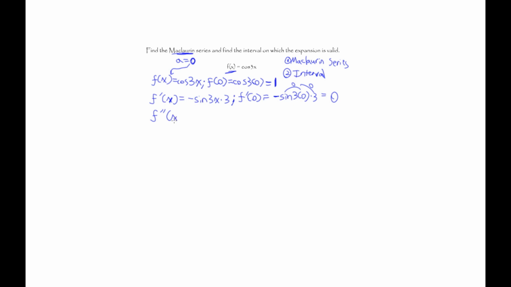And then we find the second order derivative.